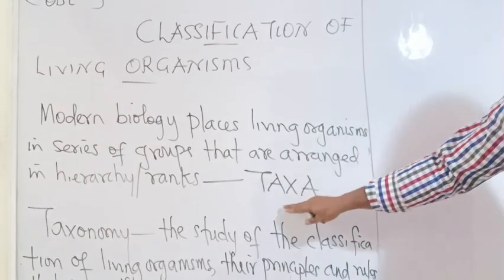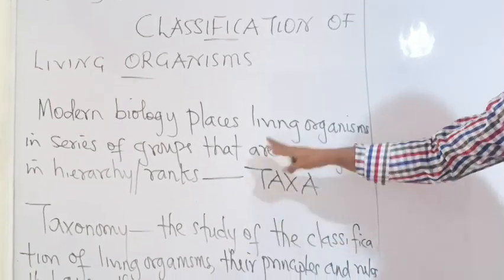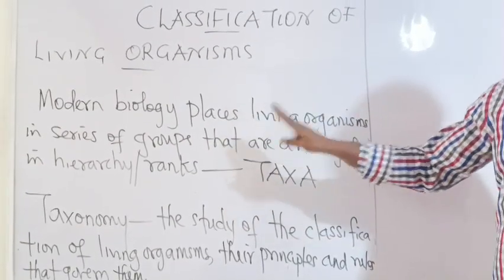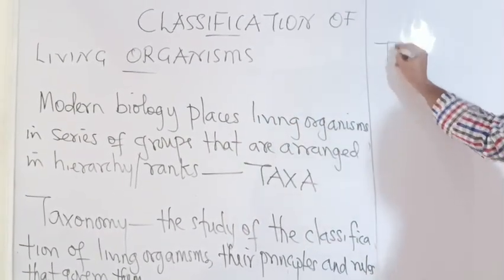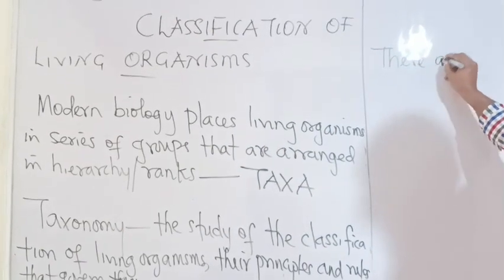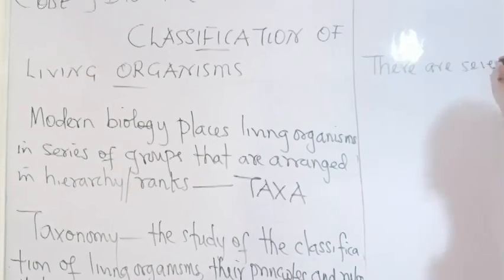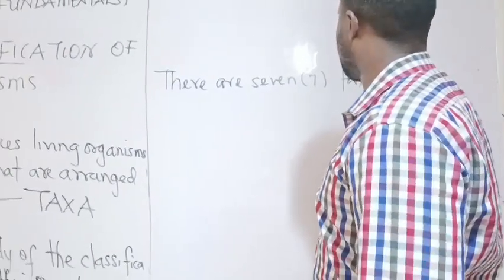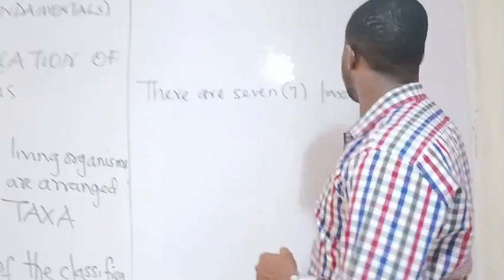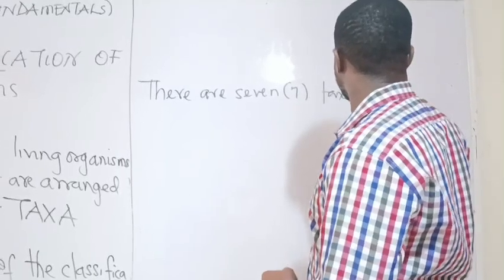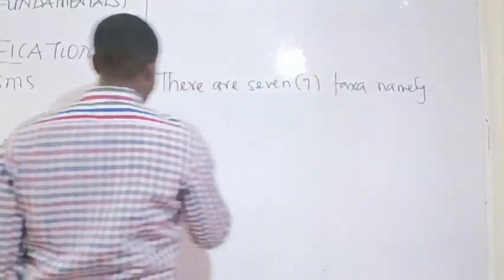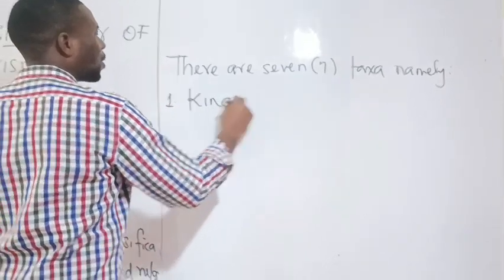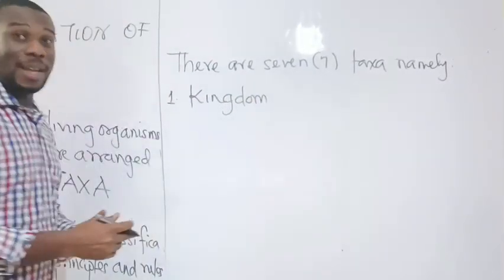So there are actually 7 of these taxa, this series of groups in which living organisms are placed, arranged in ranks. There are 7 taxa, namely: for one, we have kingdom. Kingdom is the first series of groups arranged in hierarchy.